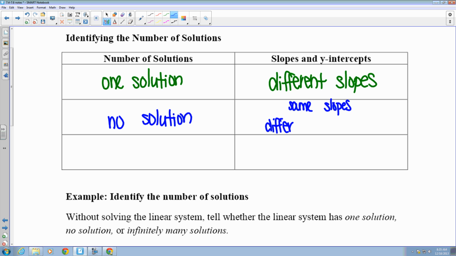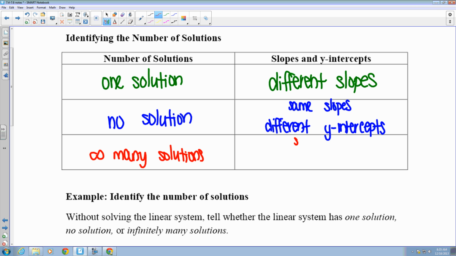So your b's will be different. And then lastly, our infinitely many solutions situation. You're going to have the same slopes and the same y-intercepts. It's going to be the same line.